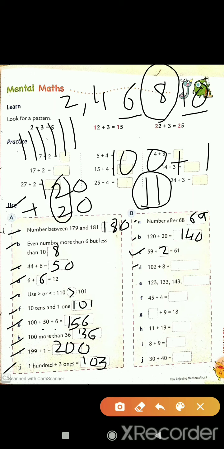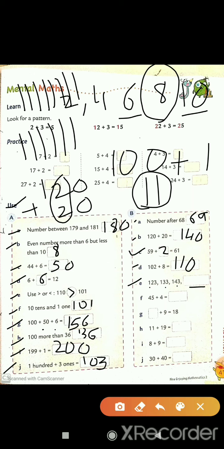Next, 102 plus 8. So what comes after 102? 103, 104, 105, 106, 107, 108, 109 and 110. So write here 110. Next, 123, 133, 143. What comes after that?